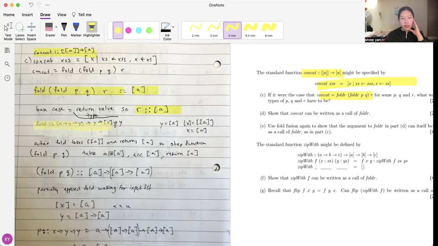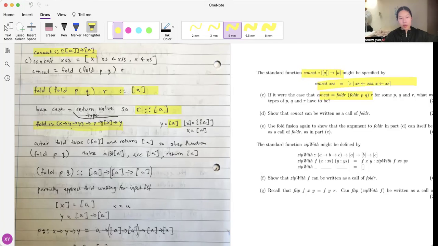Next, because we know fold has this form, x goes to y goes to y, to list of x to y, what we can do is just match what we have, right? We're given that y is a list of A because that's the output. Then we have our x.